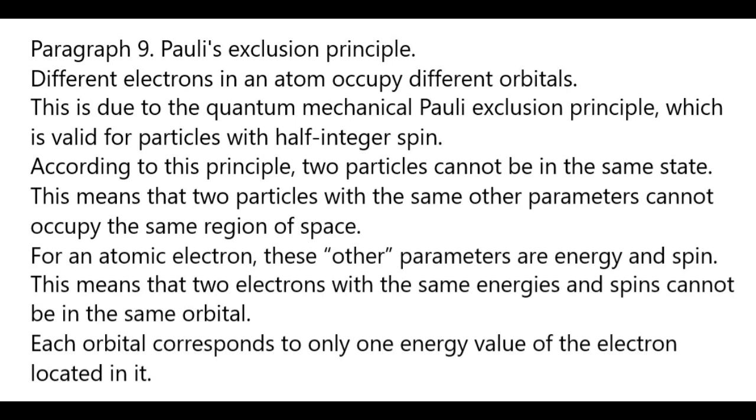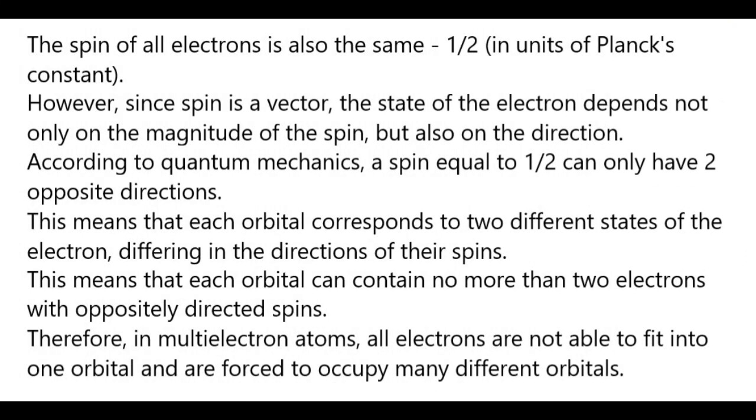For an atomic electron, these other parameters are energy and spin. This means that two electrons with the same energies and spins cannot be in the same orbital. Each orbital corresponds to only one energy value of the electron located in it. The spin of all electrons is also the same, a half in units of Planck's constant.